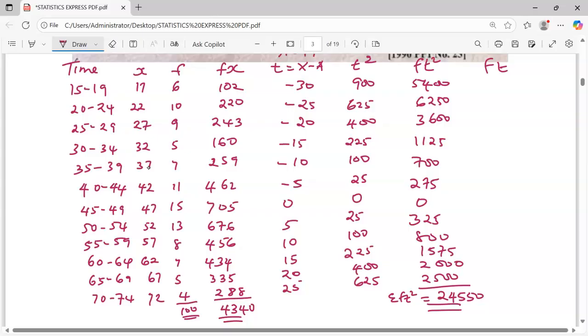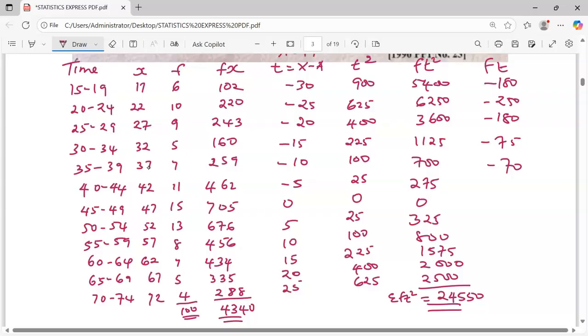That is negative 30 times 6 will give us negative 180. Next, we are going to have negative 250. Next, we are going to have negative 180, sorry. Next, we are going to have negative 75. Next, we are going to get negative 70.